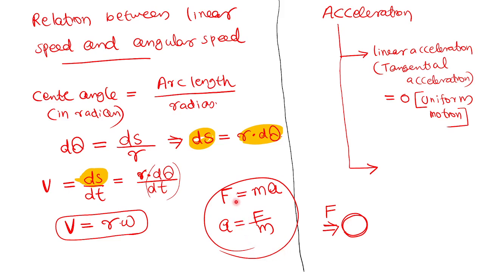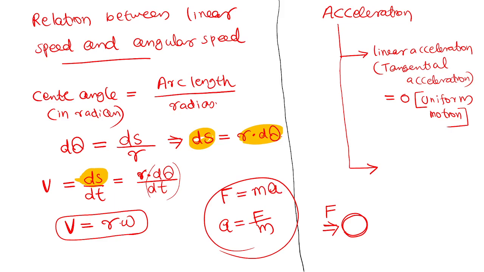Because F equal to ma means that if F is present, acceleration is present. It is not necessary that there is any visible movement of the body. If F is there, definitely acceleration is there, because of the formula F equal to ma.